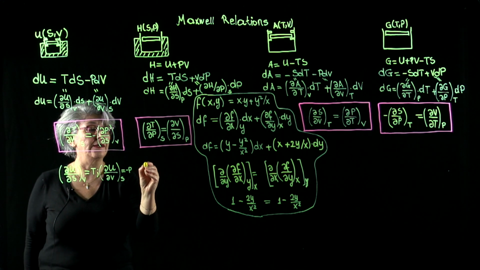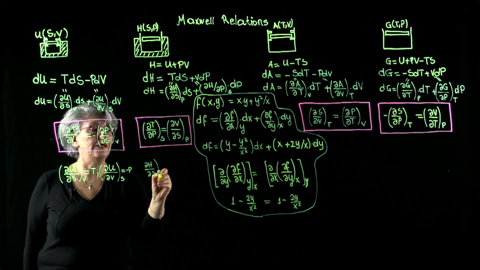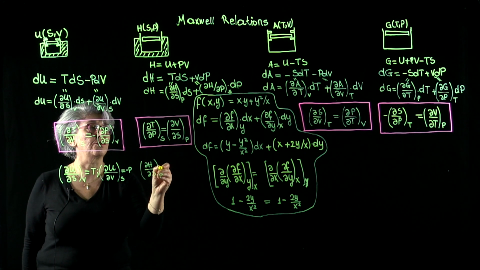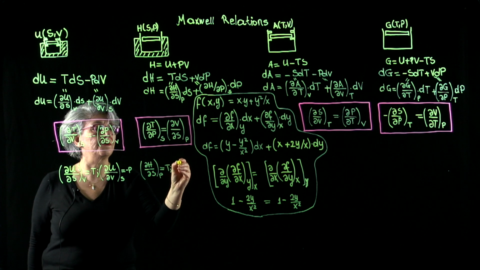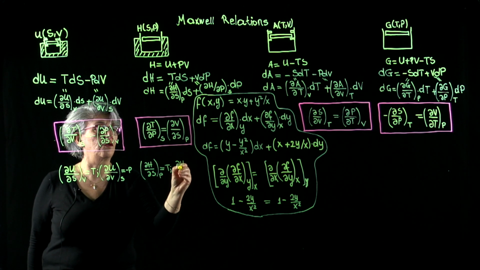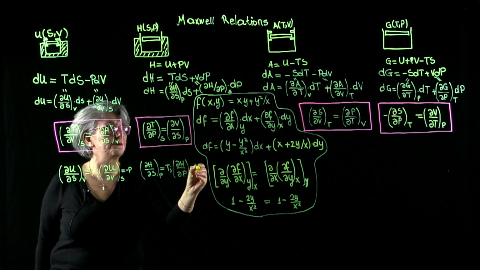Here, del h over del s at constant p is equal to T, del h over del p at constant s is equal to v.